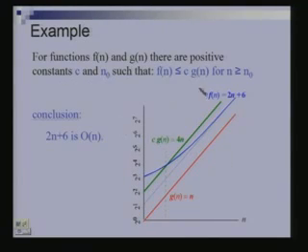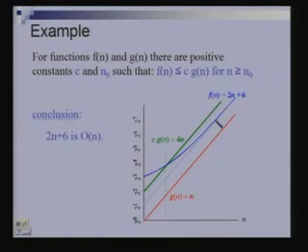My function f of n here is 2n plus 6, and g of n is n. If you look at these two functions, 2n plus 6 is always larger than n, which is why this function 2n plus 6 is always above n.